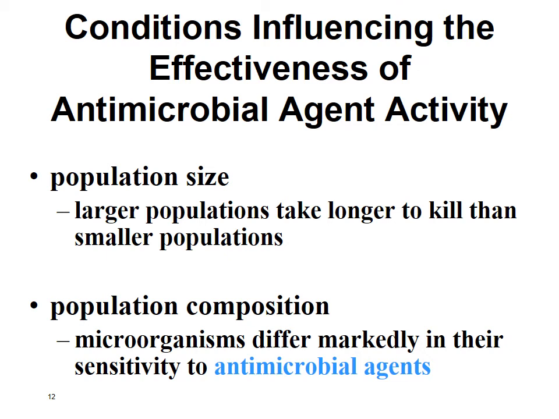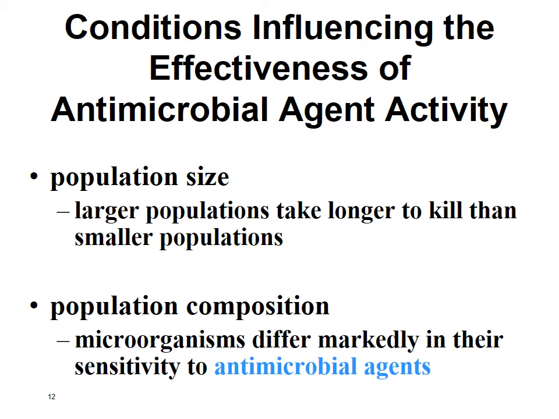The second factor is population composition. So the effectiveness of any antimicrobial agent will vary with the nature of the organisms being treated because microorganisms differ in their susceptibility to any antimicrobial agent. Bacterial endospores, for example, are much more resistant to most agents than are vegetative cells.